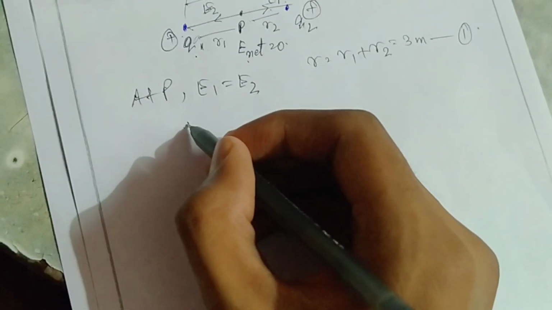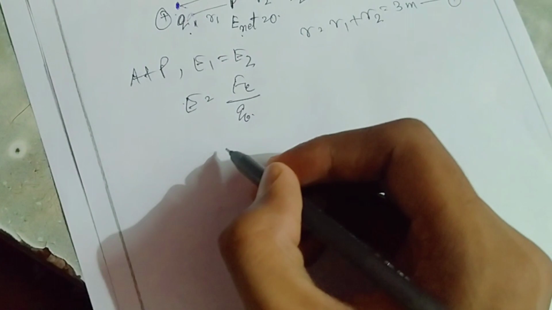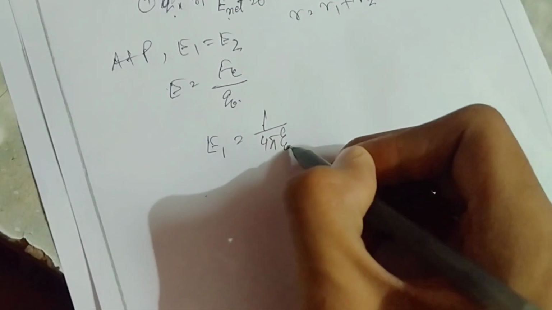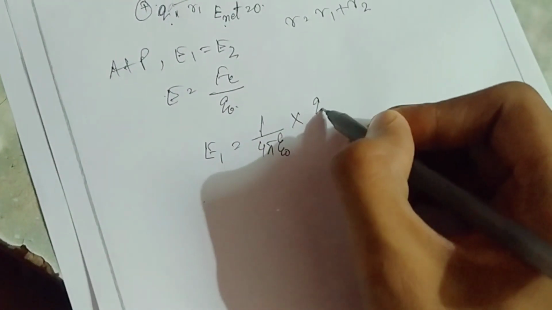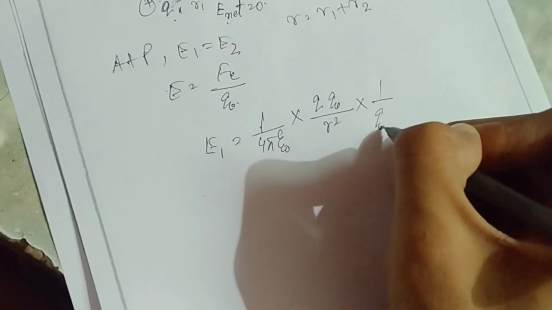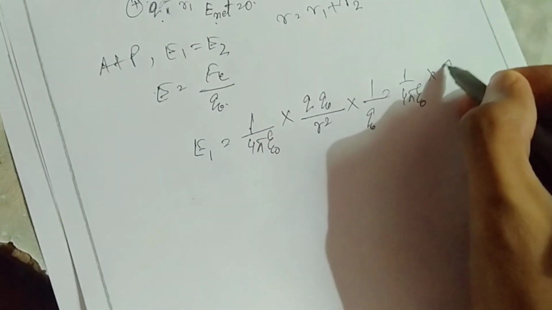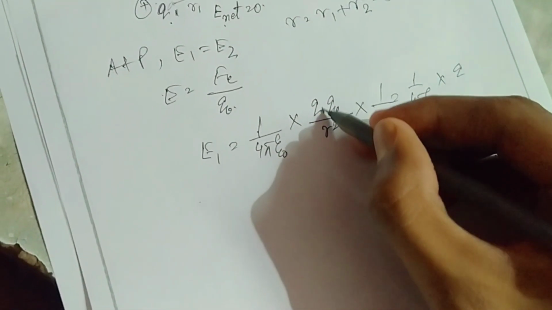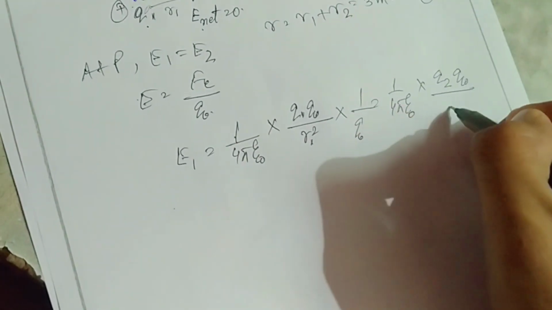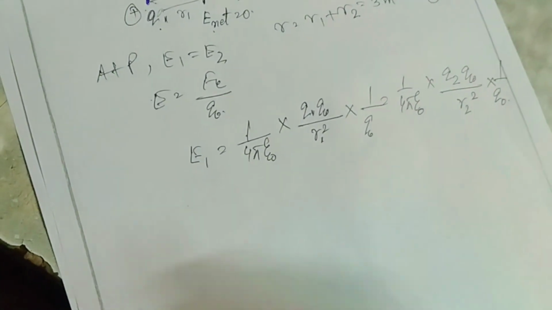What is the formula of E? E is equal to Fe by q naught. So E1 is equal to 1 by 4 pi epsilon naught into Q1 q naught by R1 square into 1 by q naught, is equal to 1 by 4 pi epsilon naught into Q2 q naught by R2 square into 1 by q naught.